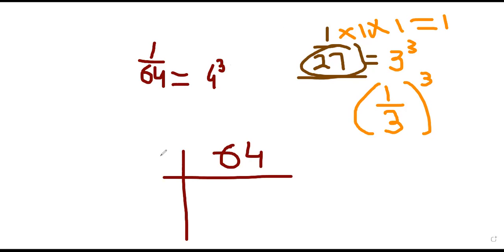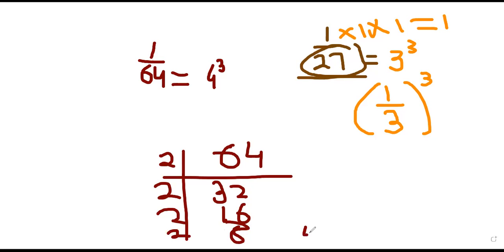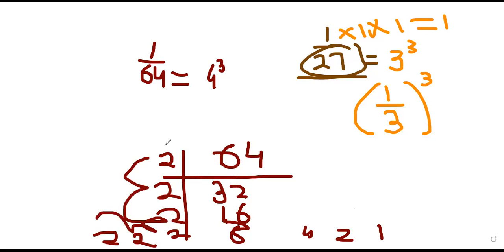So here it will be 2 by 32, 2 by 16, 2 by 8, 2 by 4, 2 by 2, 2 by 1. It will be 2 to the 4, 4 to the 8, 8 to the 16, 16 to the 32, 64.